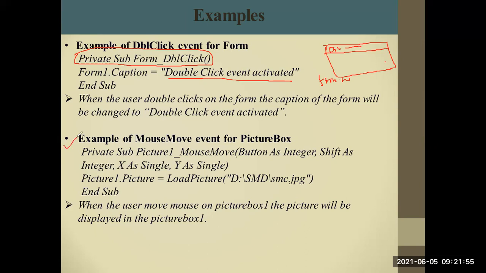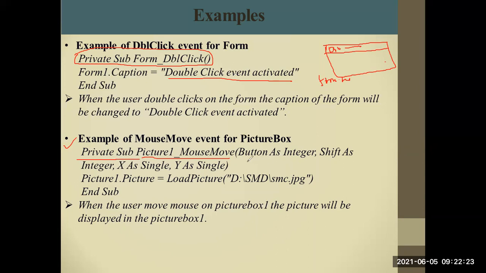Now similarly, an example for mouse move, or mouse movement event, for a picture box. When you move a mouse in a picture box, what will happen? This is my function name, picture underscore mouse move. Again the accessibility is private and sub is a keyword for procedure.